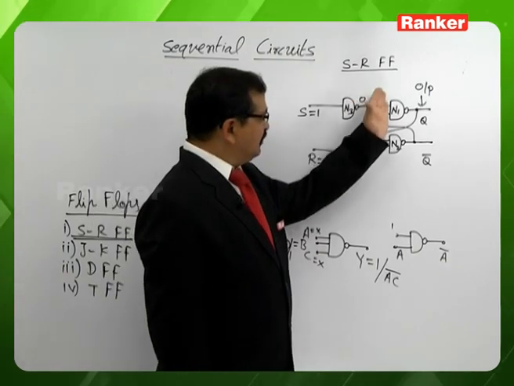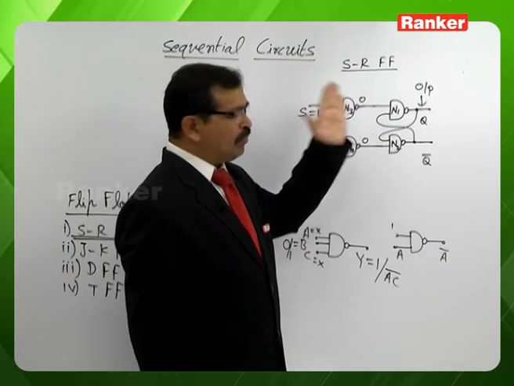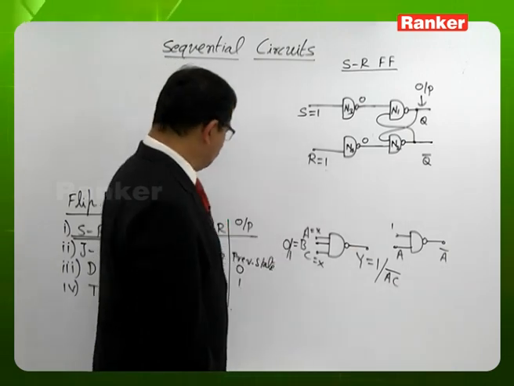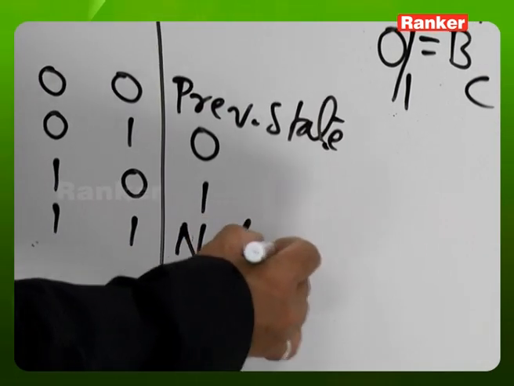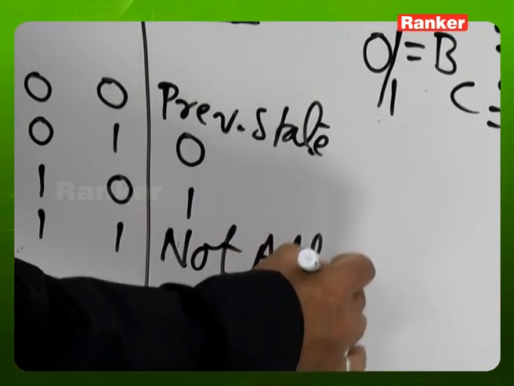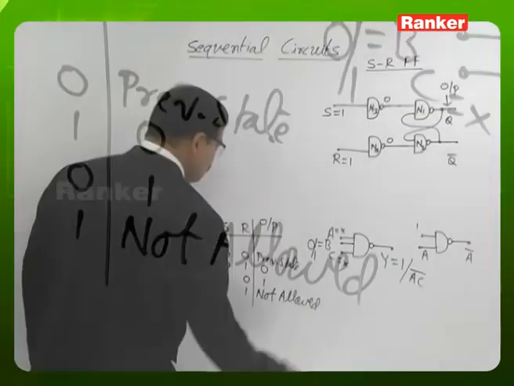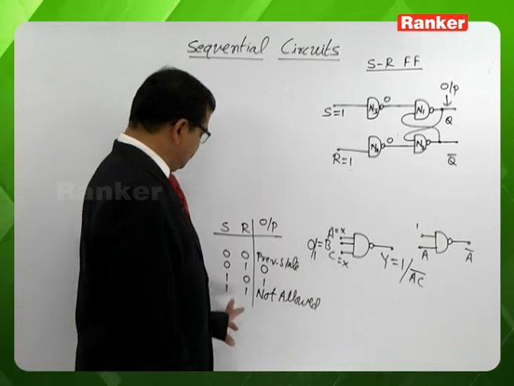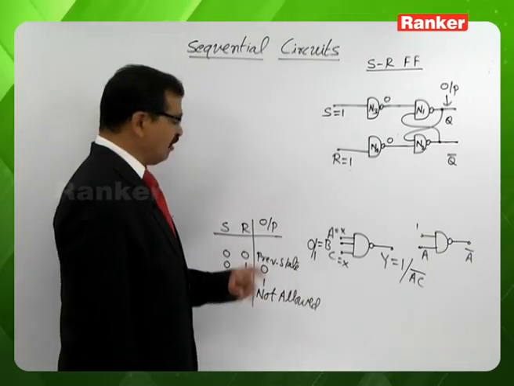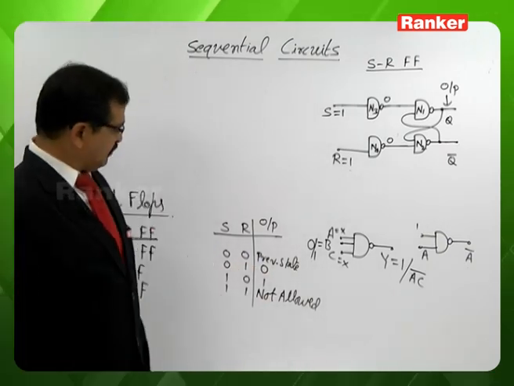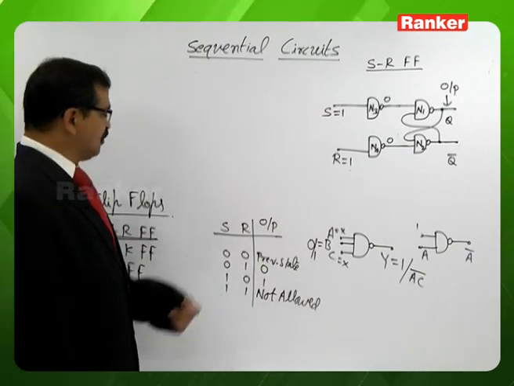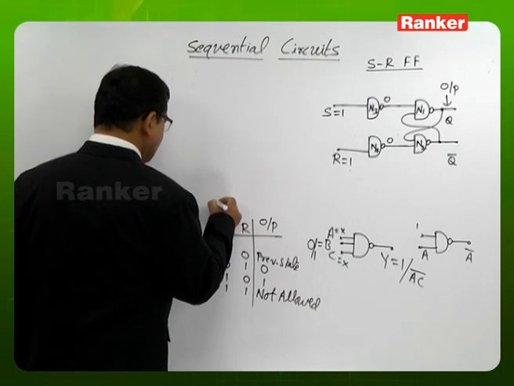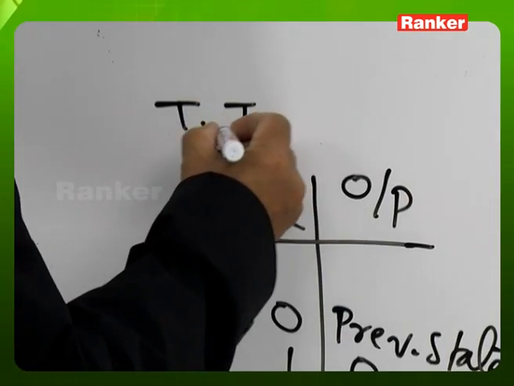Between N1 and N2, there must be complementary outputs. Because of this, the 1, 1 input is not an allowed input. So we don't want to use this circuit whenever S and R are both 1. Based on this, these are not allowed inputs. This table we developed, we name it the truth table of the circuit.